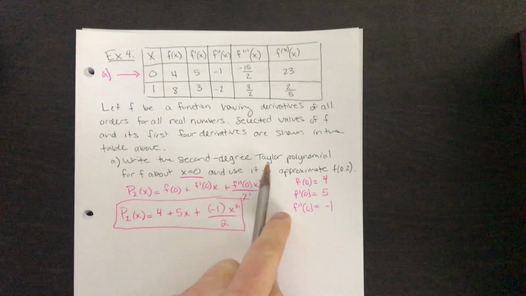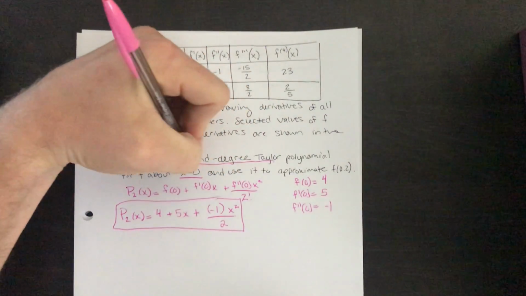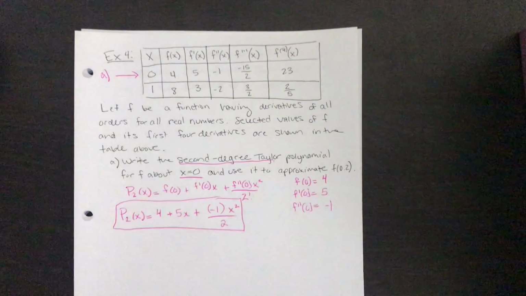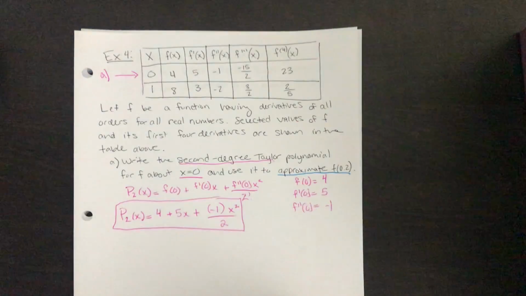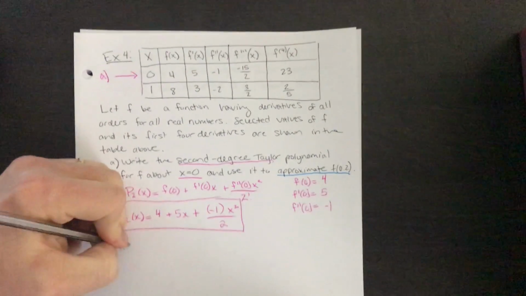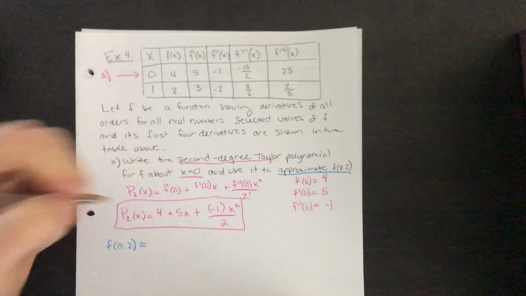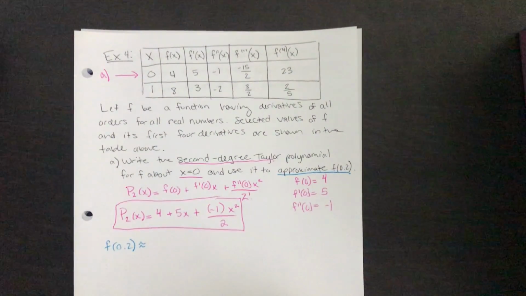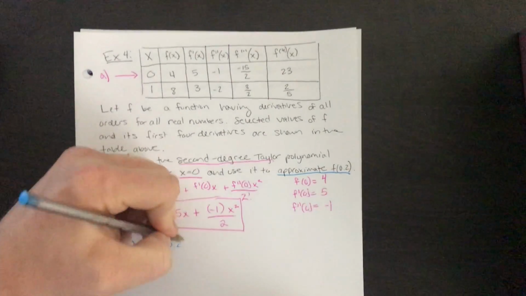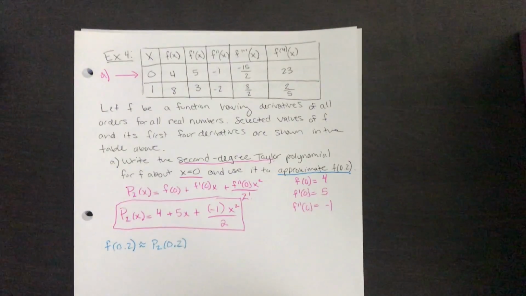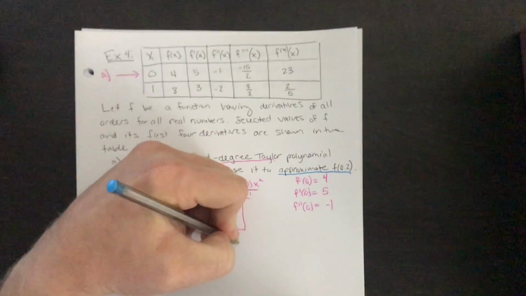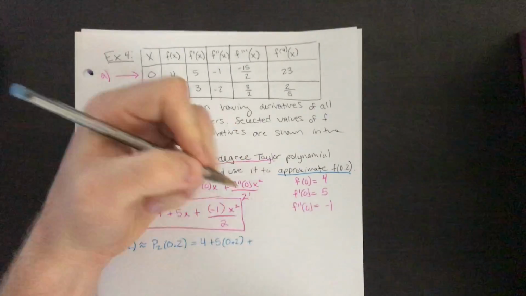We wrote the second degree Taylor polynomial, but the real question was asking us to approximate f of 0.2. So what we really need to do is say f of 0.2, and we are approximating, so we need the squiggly equal sign, is approximately equal to our second degree polynomial evaluated at 0.2. So all we need to do is plug in 0.2 for all the x's, and we're good to go.